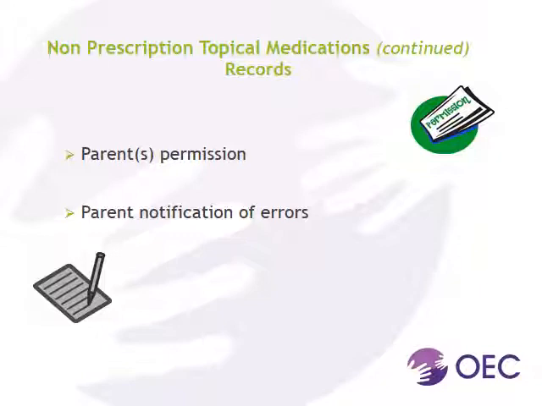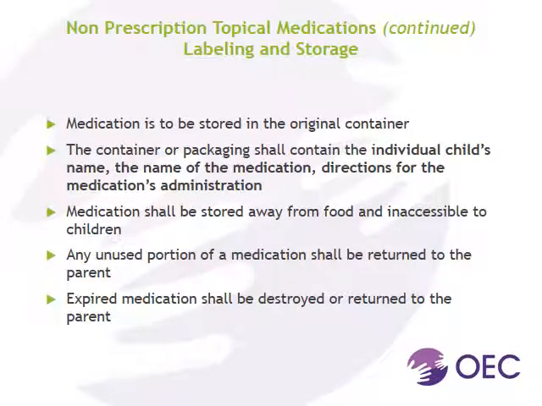Parental permission must include a statement indicating that the medication has been previously administered without adversely affecting the child. Should a medication error occur, the parent shall be immediately notified. Written notification shall also be sent to the parent within 72 hours of the error. Such error shall also be documented in the child's health record.